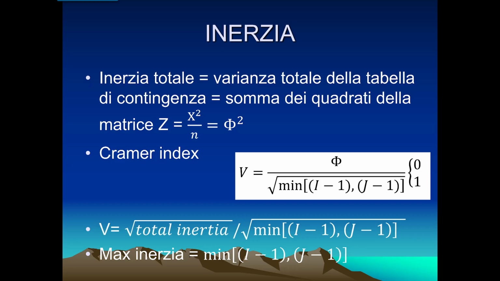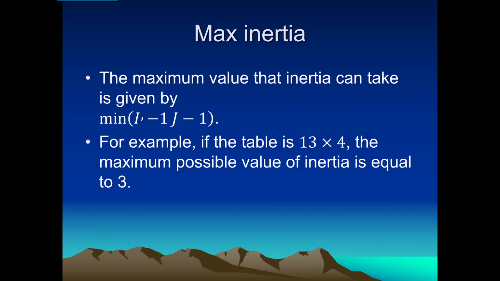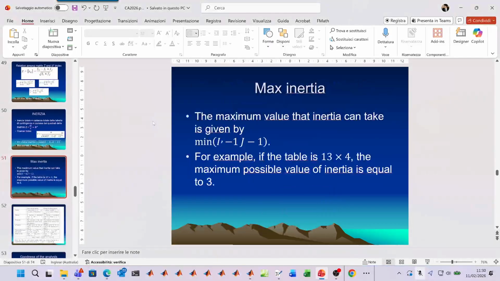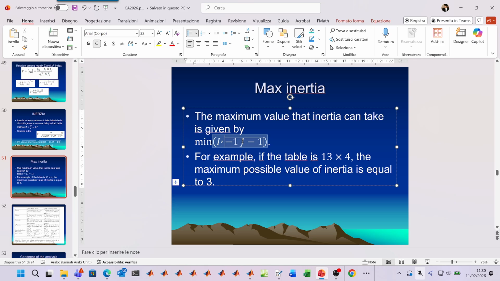Therefore, if you have a table, for example, which is 13 by 4, the maximum value of the inertia is 3. So the minimum between I minus 1 and J minus 1.